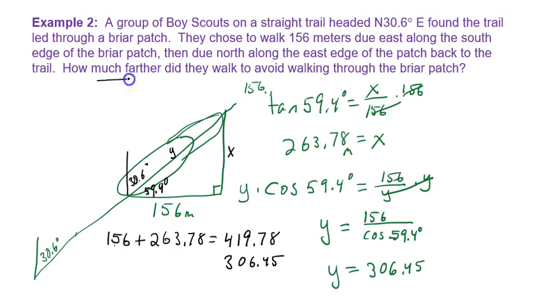And again, the question is how much farther did they walk? So we'll need to subtract those and get 113.33 meters. And so they walked 113.3 meters more than they would have going through the middle, but of course it was probably the more appealing option here. And so that finishes out this question.